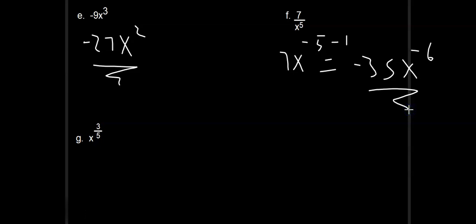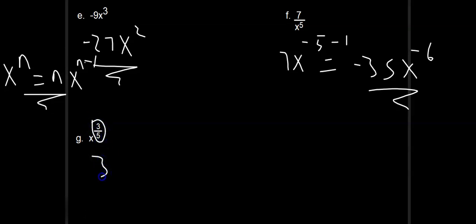When you come to the last question, it says x raised to the 3 over 5. I have to follow the same procedure. Don't forget this formula: x raised to the n becomes n times x to the n minus 1. So I'm going to bring this down, and it becomes 3 over 5x, the whole thing.